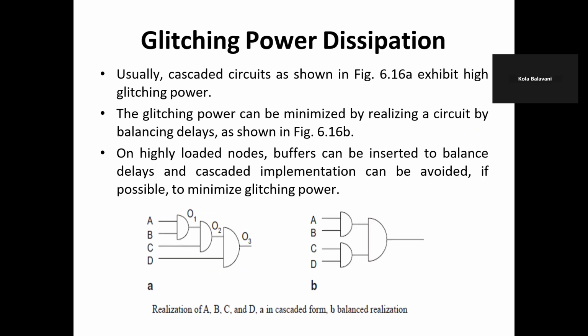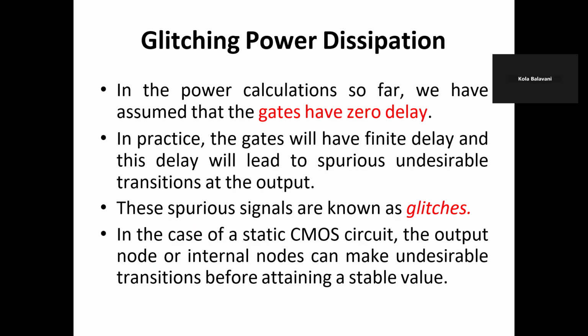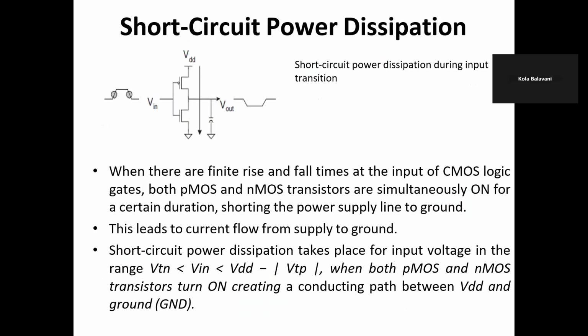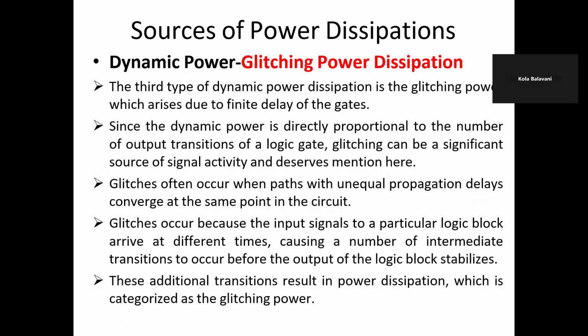Short circuit power dissipation occurs whenever the input transition is rising slowly from low to high, and there is a direct connection from VDD to the ground. In that situation, the short circuit power dissipation will occur. And glitching power occurs in propagating the signals from the input side to the output side. That can be addressed by using the proper balanced realization.